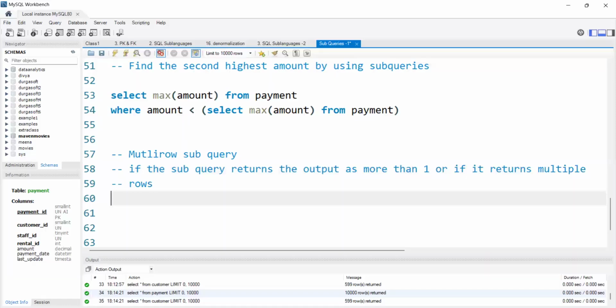So now let's solve some examples. Let me write the question first.